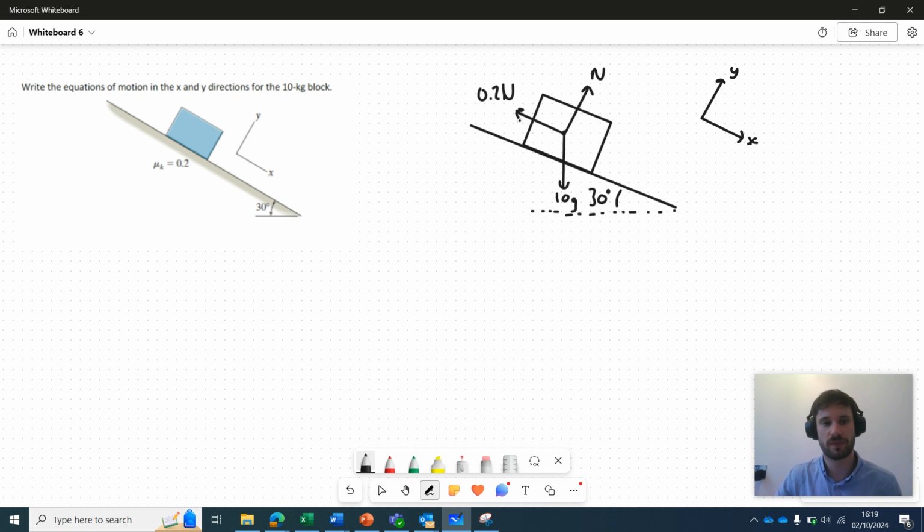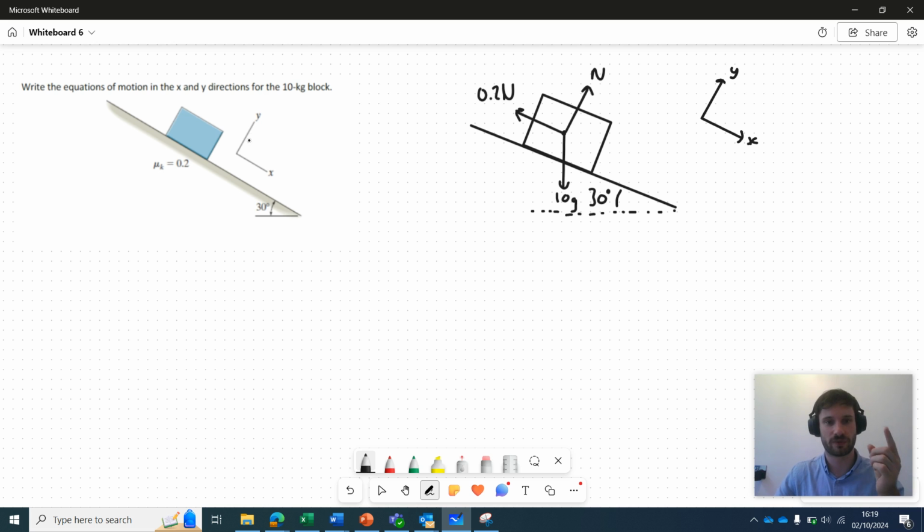Okay, so an important thing to notice about this problem is this x and y directions idea, where y in this instance isn't y as we might typically know it, where it's just straight up.